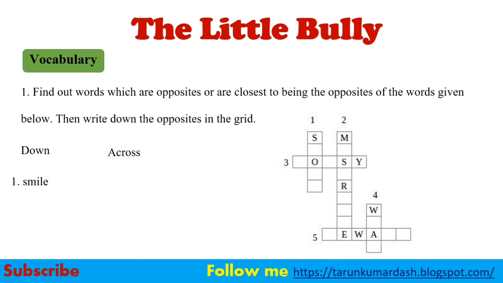So top to bottom, number 1 should be the opposite of smile. And number 2 should be the opposite of happy. And number 4 should be the opposite of strong. Next, we'll go for across. In across, number 3, opposite of quiet. Next, number 5, opposite of punish.